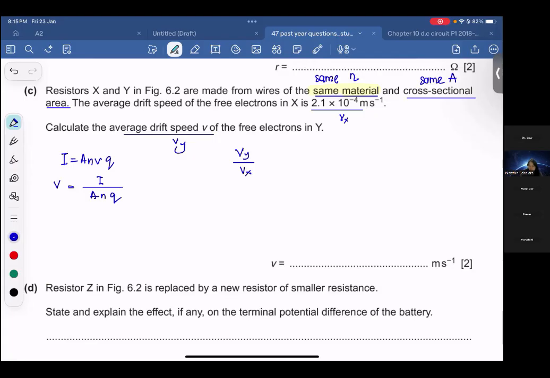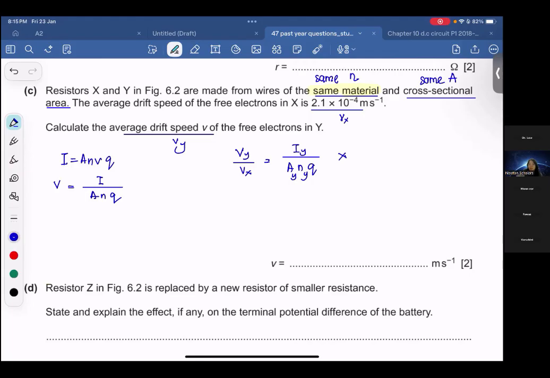I will put Vy over the speed for x. So here, I over A and Q. For y, this one is Iy, Ay, ny and Q.